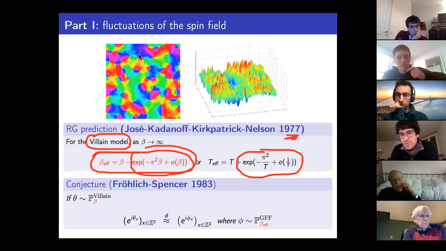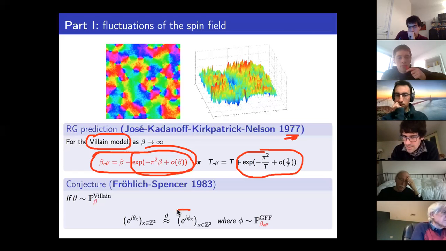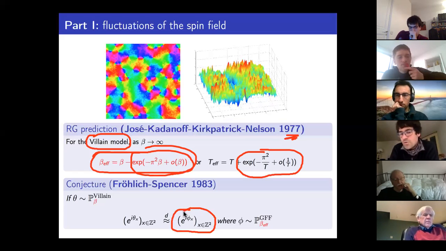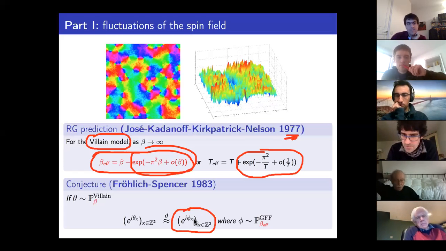They conjecture that if you view the Lyon field as a complex random field, so you view the spins in S1 as complex numbers in the plane, so this is a random field with values in the complex numbers, then at large scales, it should be exactly like the complex exponential of the Gaussian free field, which is called complex Gaussian multiplicative chaos. So there were a few talks I've seen in the lab about either Gaussian multiplicative chaos or even this complex Gaussian multiplicative chaos, for example, by you and now.